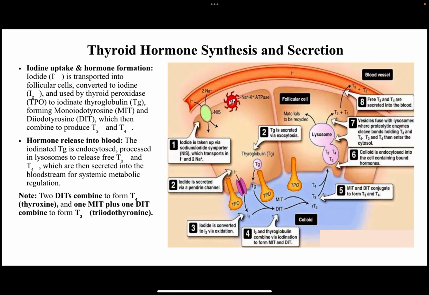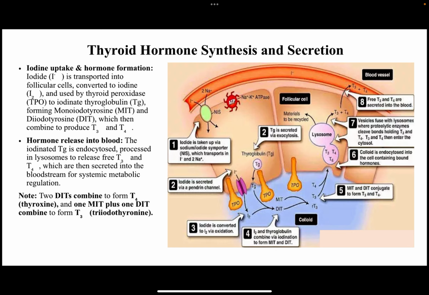Now, after the iodotyrosines have been formed, coupling has to occur for us to get the actual thyroid hormones, which are T3 and T4. During the coupling, one monoiodotyrosine combines with a diiodotyrosine, meaning MIT plus DIT, and we get triiodothyronine, T3.